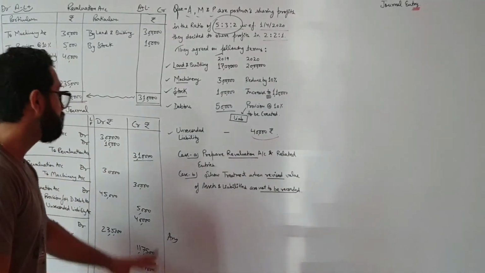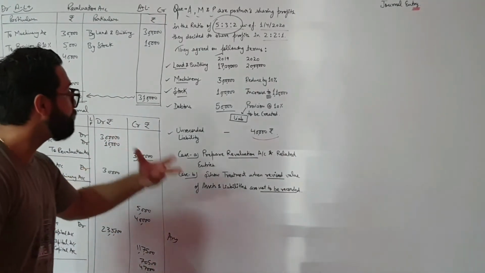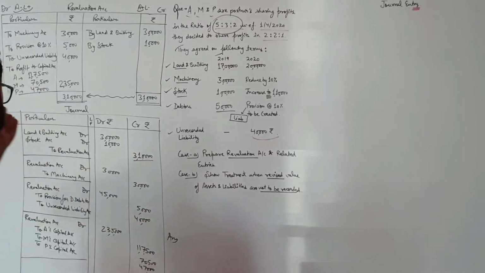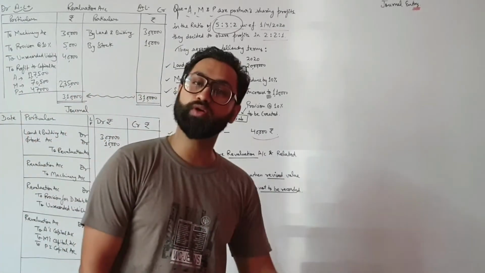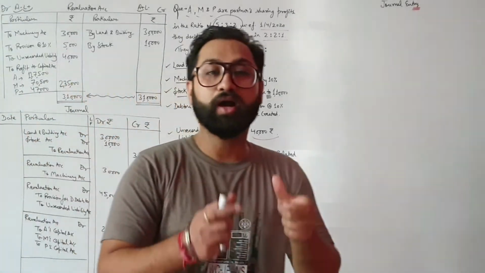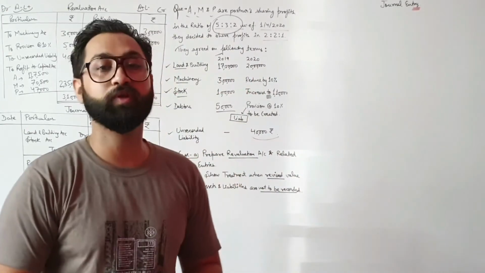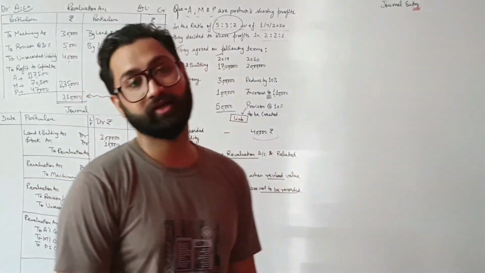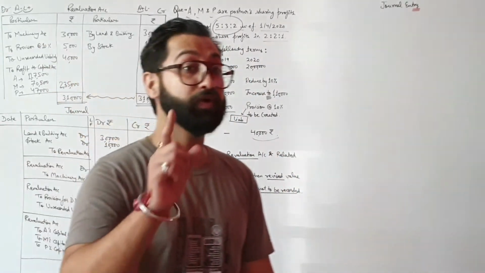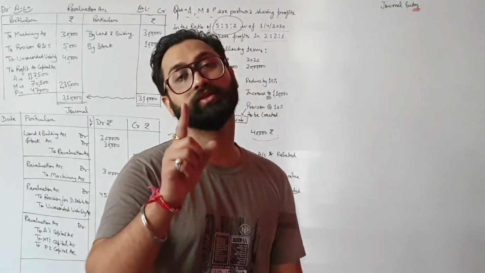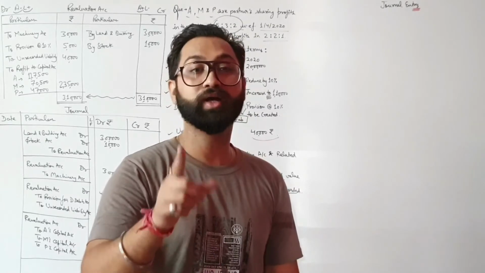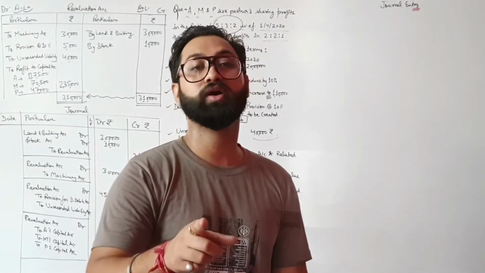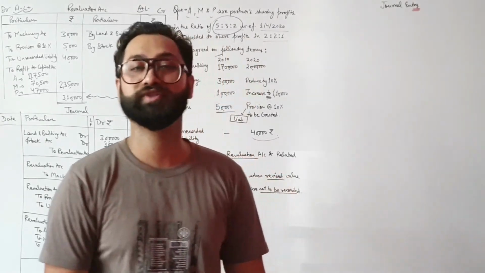In this case, we do not want to disturb these accounts and we want to show the old values, but we want a treatment to be done, so we will pass a single adjustment entry. Here we will not prepare the revaluation account, we will prepare a statement of change.